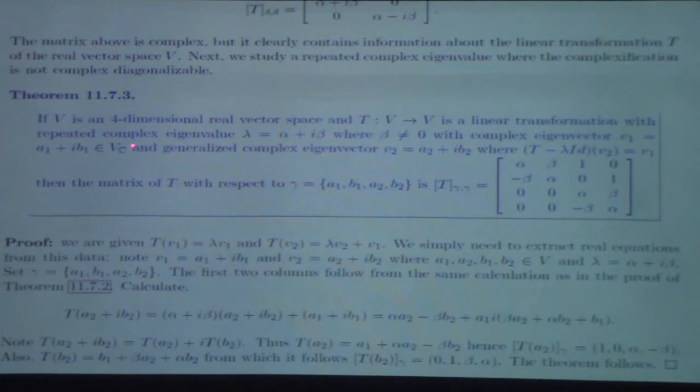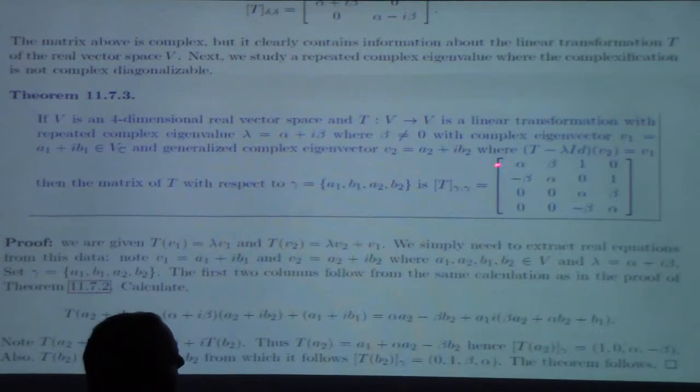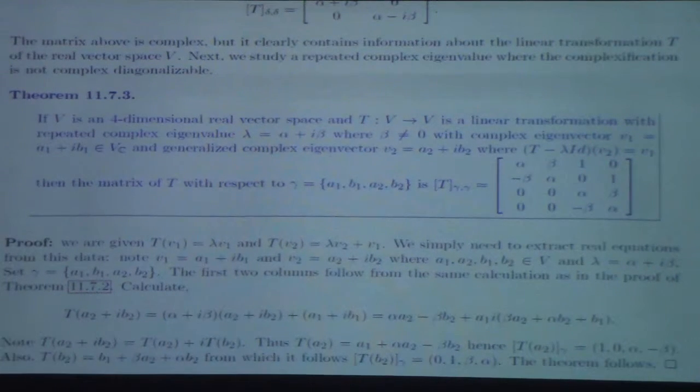So you're going to have a complex chain. You get v1 equals a1 plus i b1, a complex eigenvector, and a generalized complex eigenvector, v2 equals a2 plus i b2. The a's and the b's are real vectors, and it satisfies the chain condition, T minus lambda I, that's identity, times v2 equals v1. That makes v2 a generalized complex eigenvector of order 2.